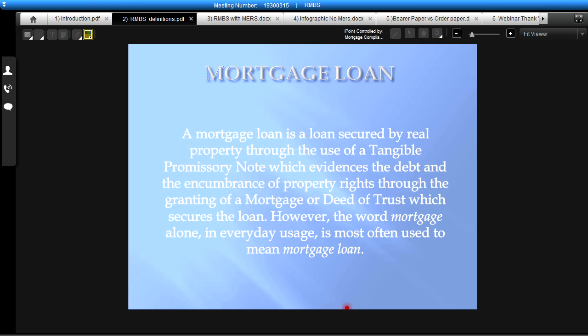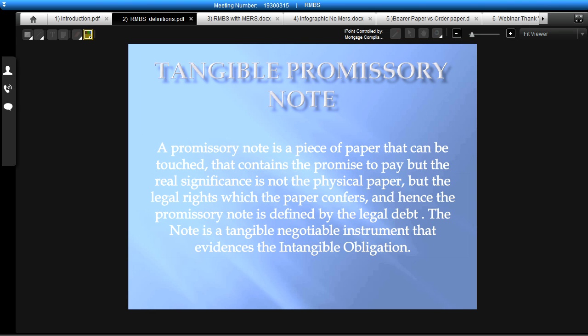Now, what is a tangible promissory note? Many times people talk in generalities. I have a note. Well, we have to be very precise. What do you have? You have a tangible promissory note.